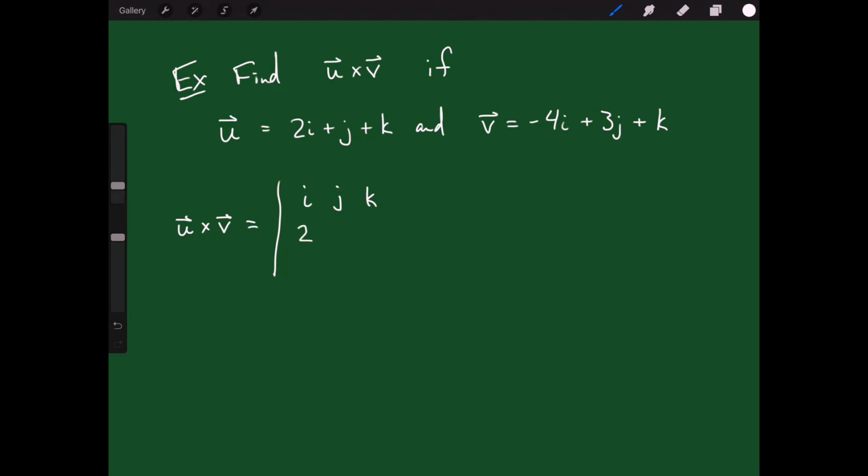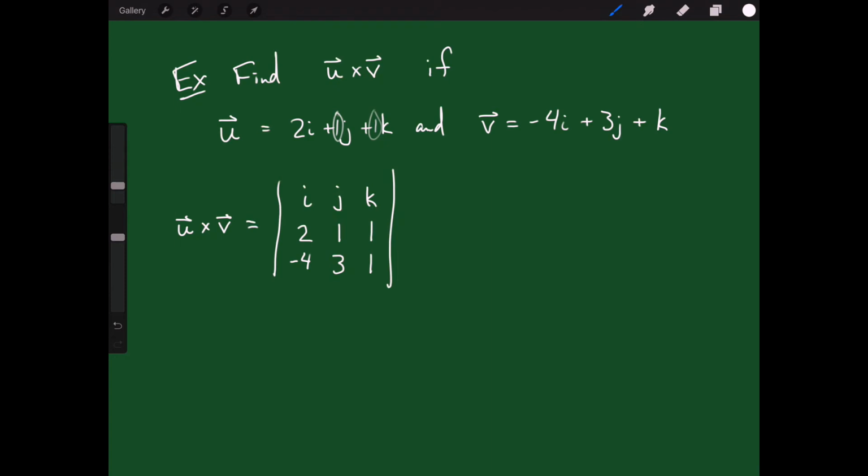So 2, 1, and 1, because there's a 1 right here, and there's a 1 right here. And then for the v vector, I've got -4, 3, and 1. Okay, so now that I've got the matrix to take the determinant of, now I just need to choose one of those methods, either the diagonal method or the horseshoe method, and go ahead and take the determinant.